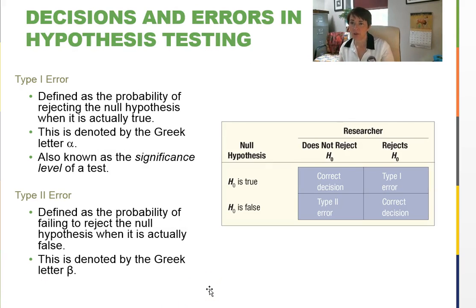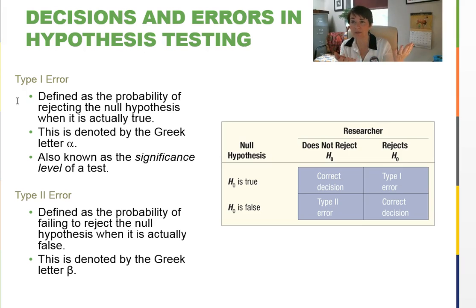There are errors associated with hypothesis testing, type 1 error and type 2 errors, because the data might show something that actually might not be true. And just reading through what a type 1 error is, it's the probability of rejecting the null hypothesis when it is actually true. So we do the data, we do the calculations, and we reject the null hypothesis where really it might be true.